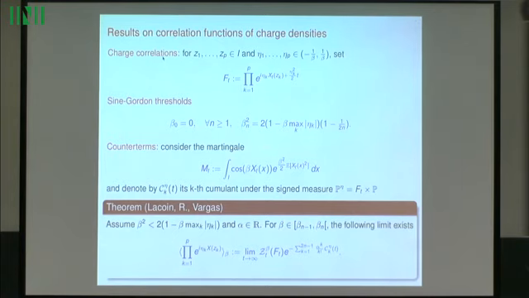So it clearly modifies the Sine-Gordon threshold, but if beta squared is less than 2 times this term here, then for beta belonging to the correct region of parameters, these correlation functions are well defined, meaning that you can find the limit for these quantities.